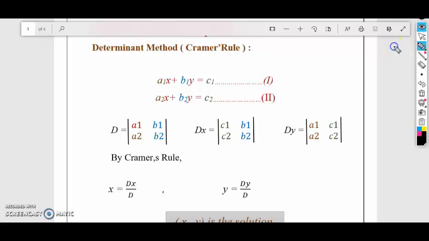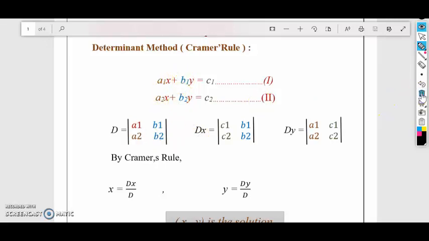To solve this equation we want to write three determinants D, Dx and Dy, and there is a certain method to write these determinants. Determinant D we write like this: in the first column the coefficients of x, and in the second column the coefficients of y, b1 and b2.